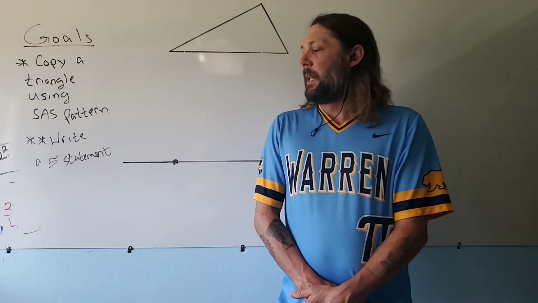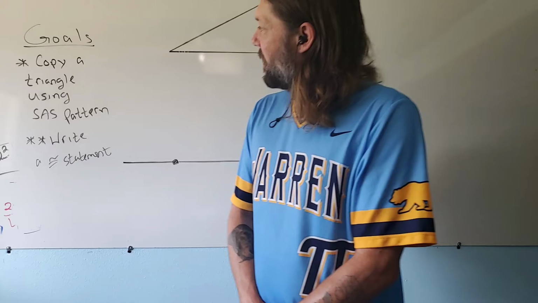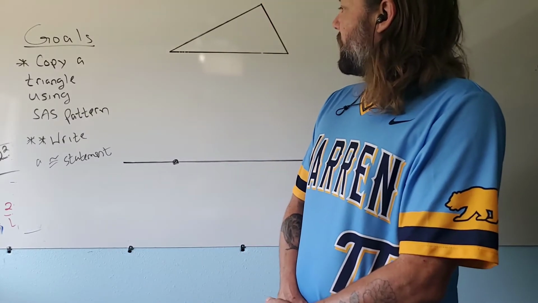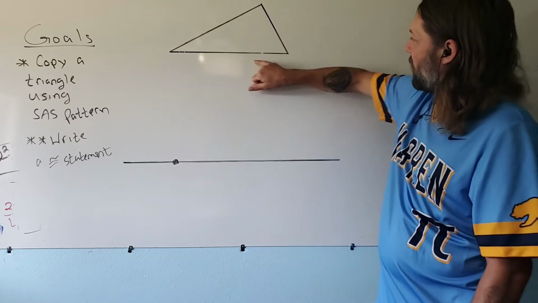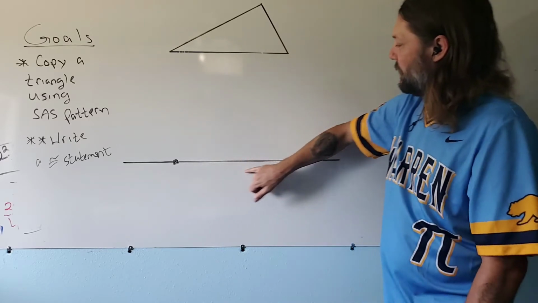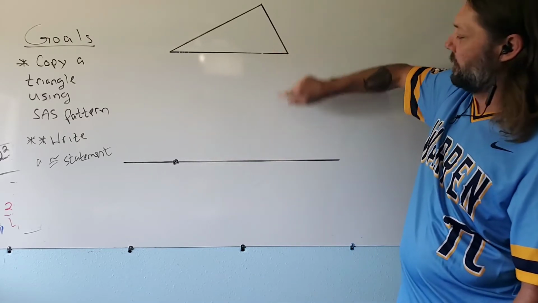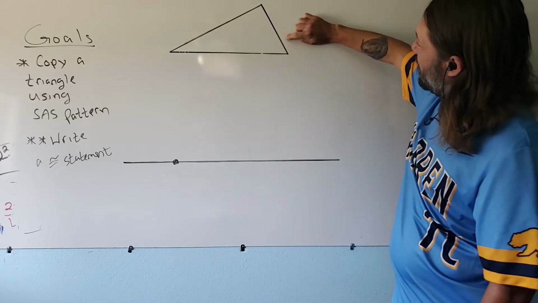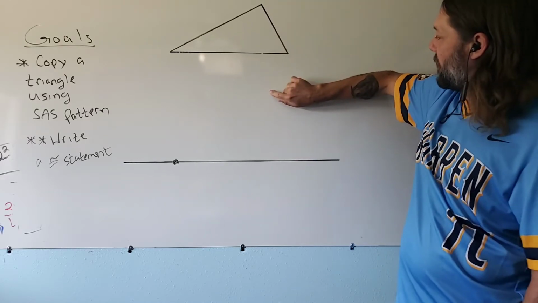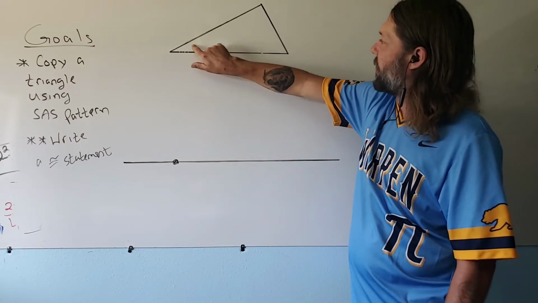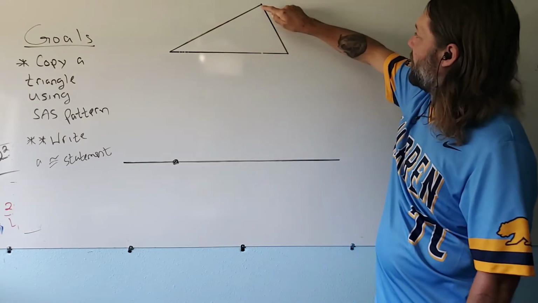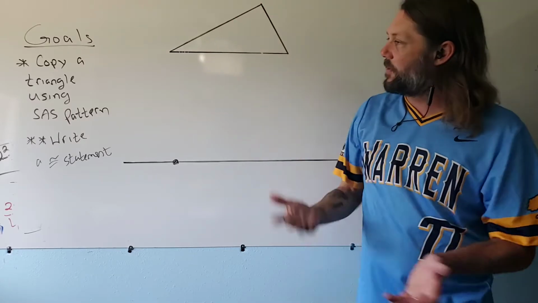So let's go ahead and talk about copying the triangle using the side-angle-side pattern. I'm going to copy a side length onto here. I'm going to copy an angle onto here. And then I'm going to copy another side onto here, the length that comes off the angle. Now I could copy this side, this angle, this side, or this side, this angle, this side, and build the same triangle.